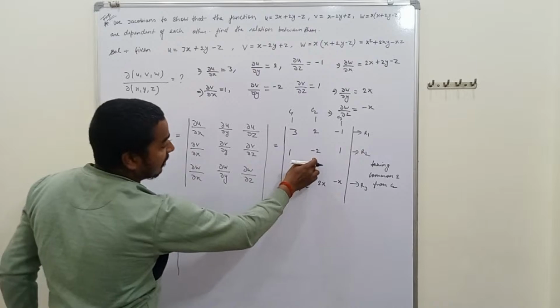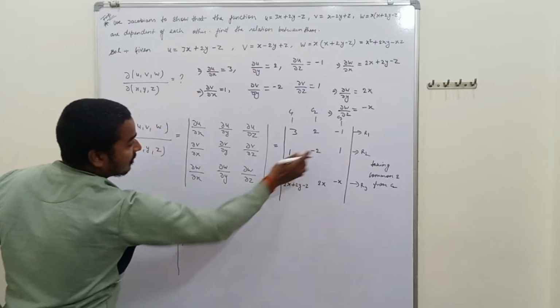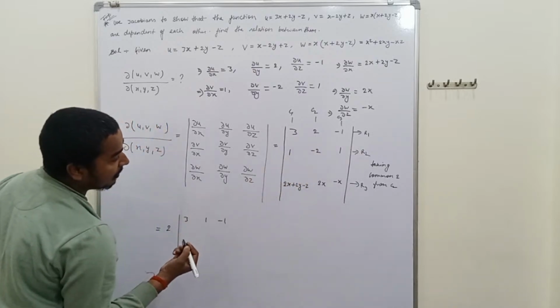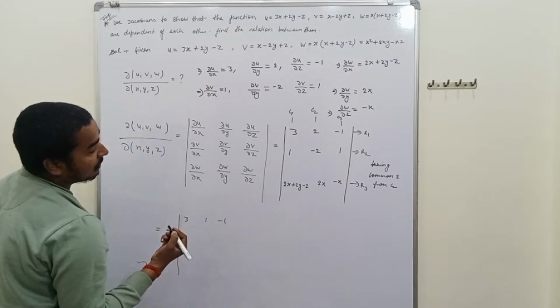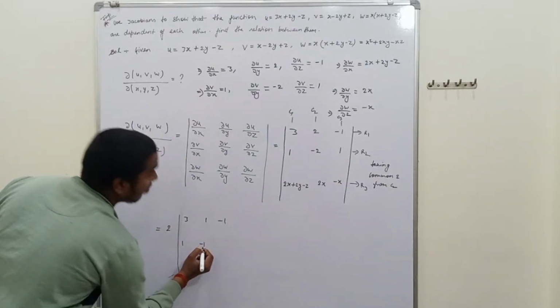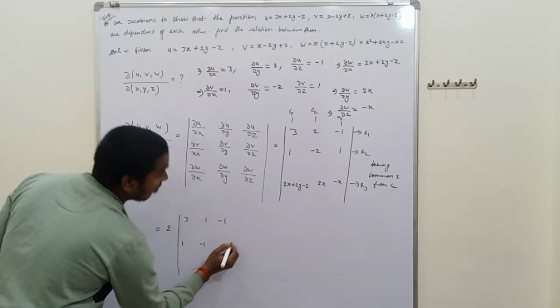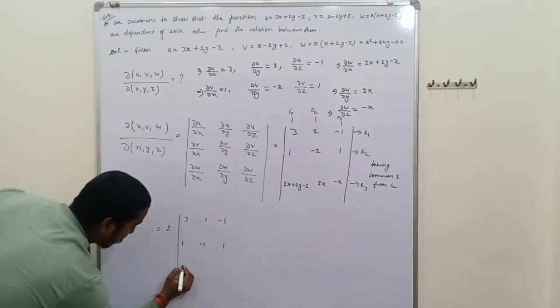From C2 we have to take common 2, this is also minus of 1 and 1, and this is 2x plus 2y minus of z.